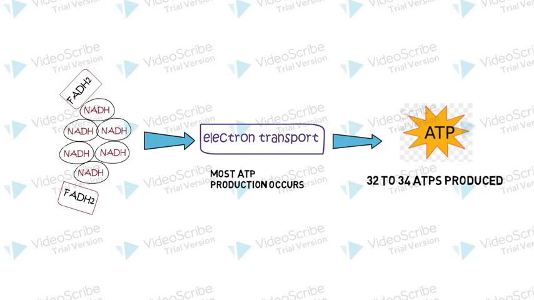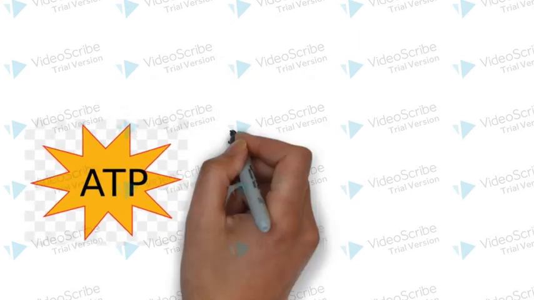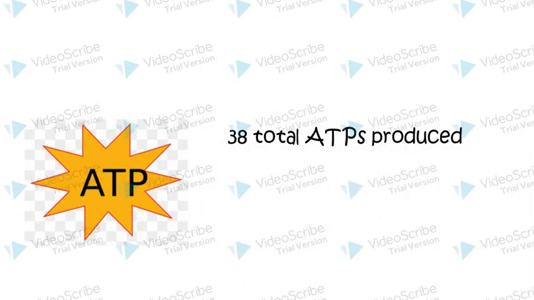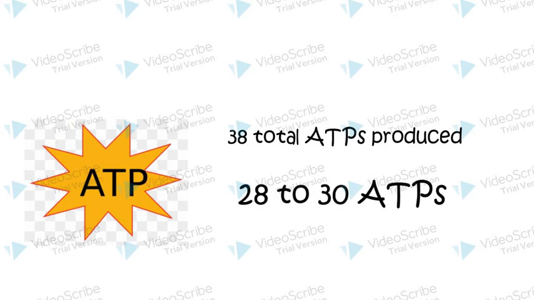So in theory, we have 2 ATP from glycolysis, 2 ATP from the citric acid cycle, and 34 from the electron transport chain, for a total of 38 ATP produced. However, the actual number is estimated to be between 28 and 30, because some of the processes along the pathway need to use ATP to complete their function.